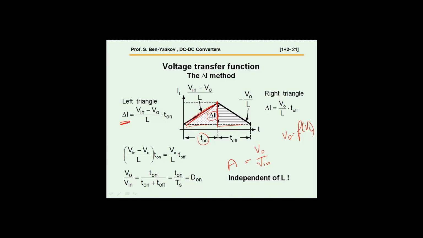This is the slope, and this is the time. And then calculates the same delta I from this slope and T off. Since these are the same delta I's, you equate the two, and you find that the voltage ratio, Vout over Vin, is equal to D on. That is, the duty cycle of the buck is actually determining the output voltage. So you can control the output voltage by the duty cycle.